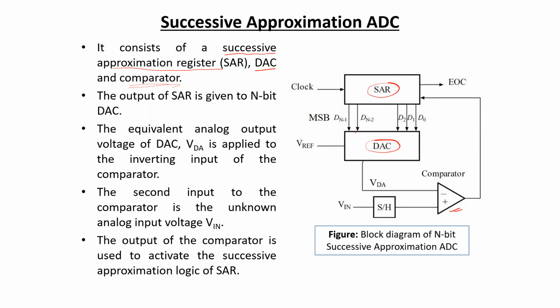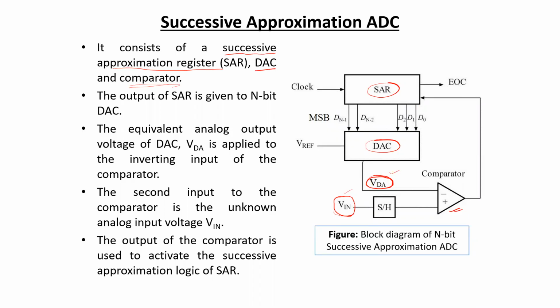The digital bit pattern is converted into an equivalent analog voltage, which is represented here by VDA. That VDA is compared with the original input signal after it is passed through a sample and hold circuit. So VDA and Vin are compared through the comparator. The comparator sends a feedback signal to the SAR, and the SAR decides what the next possible bit pattern should be.